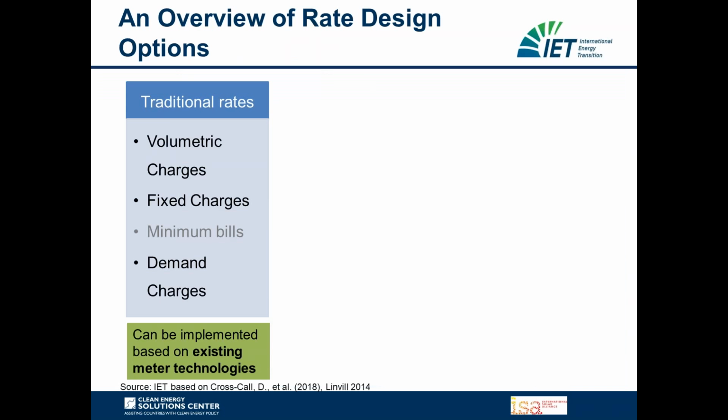So in the last session, we talked about primarily these three components of traditional rate design: volumetric charges, fixed charges, and demand charges, which can be implemented based on the old school existing metering infrastructure.